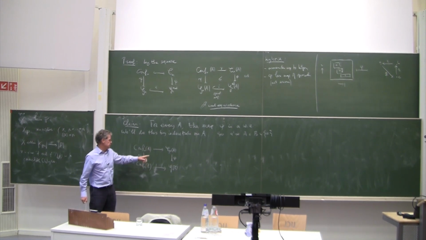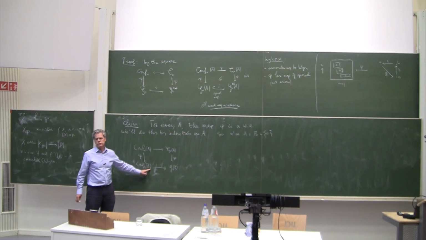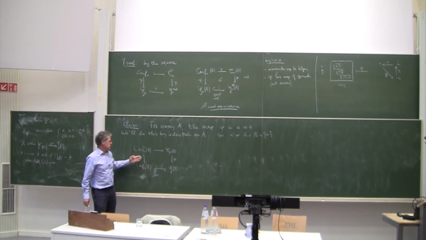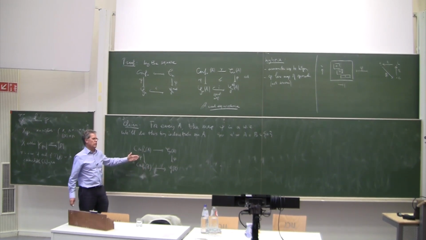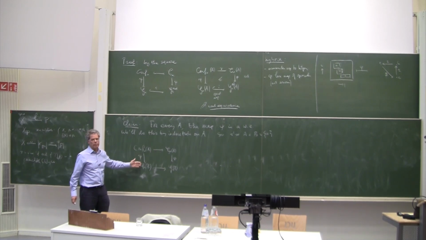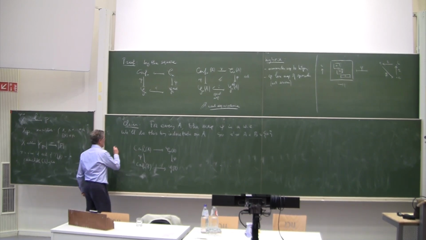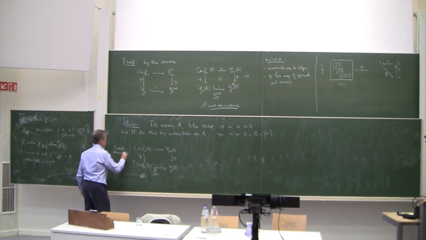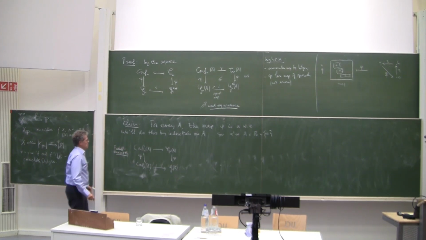I forget one of these points and I get the configuration of B many points. And this is a very classical fibration, even a fiber bundle. It's the Fadell–Neuwirth fibration.